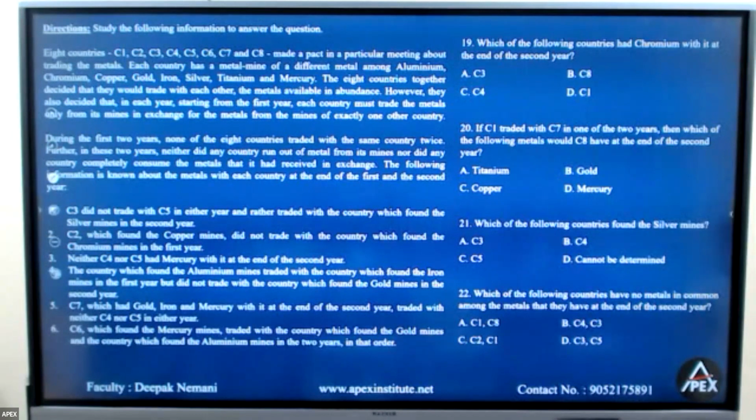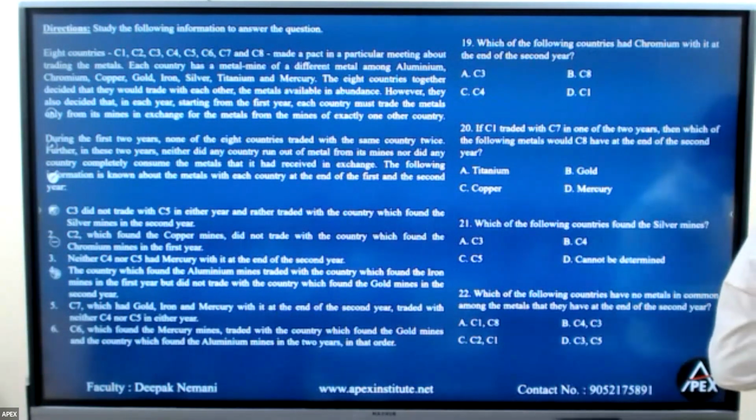I don't rate this moderate also. This is a difficult question. So how many of you tried solving this? No one.